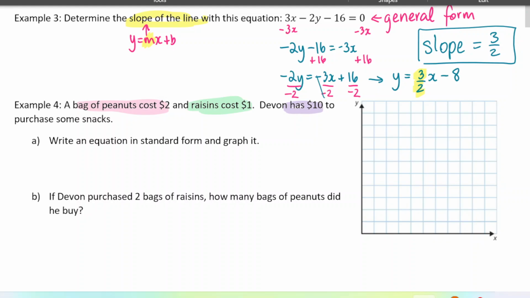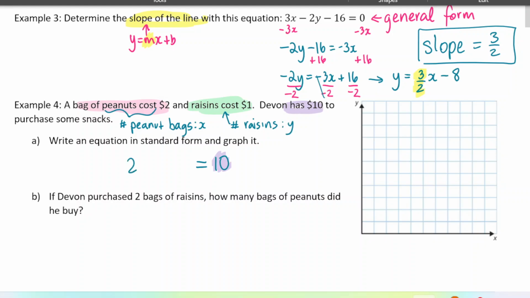And this is how I usually start my equation. I start with the answer. We know we're going to have a total of $10 to spend, right? We're going to buy some number of peanuts and some number of raisins. Let's define our variables here. Let's say the number of peanut bags, let's call that X, and the number of raisin bags, let's call that Y, okay?